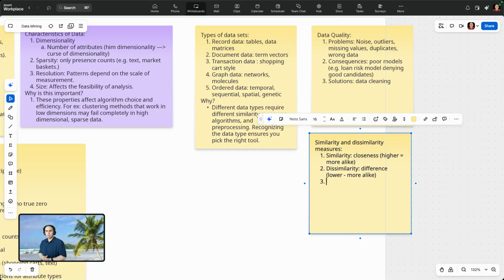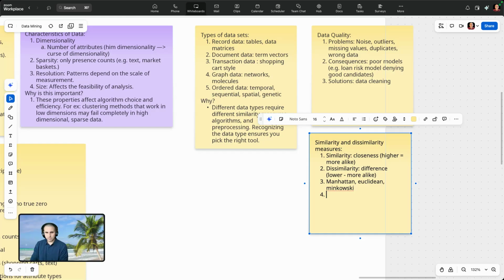And then we went over the common measures: Euclidean, Manhattan, Minkowski. There's also the cosine similarity. So we went over those three measures: Manhattan, Euclidean, and Minkowski.